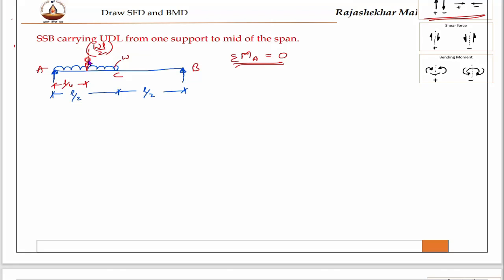Now assumed point load WL by 2 is causing a moment, that is WL by 2 into L by 4, which is clockwise in direction, therefore positive. Next, this RB is also causing a moment at A in anti-clockwise direction, minus. Only this force and this force equal to 0.